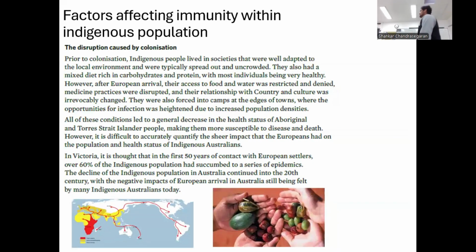And lastly is the disruption caused by colonization. Before colonization, populations lived well adapted to the local environment and survived on their own.